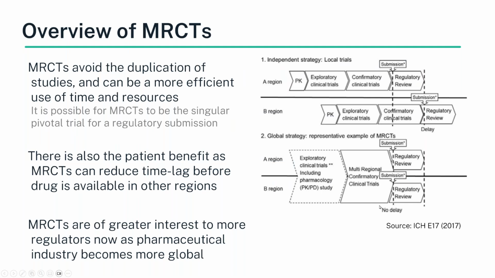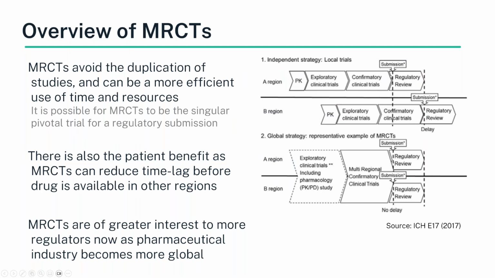And so if you look over here on the right-hand side, we have a diagram breaking down the two different strategies. In the first case, the independent strategy for local trials in region A, the single development pathway starts off, and then once it becomes clear that additional information will be required to bridge to the new region, say region B, you can see there's this staggered approach and delayed start.